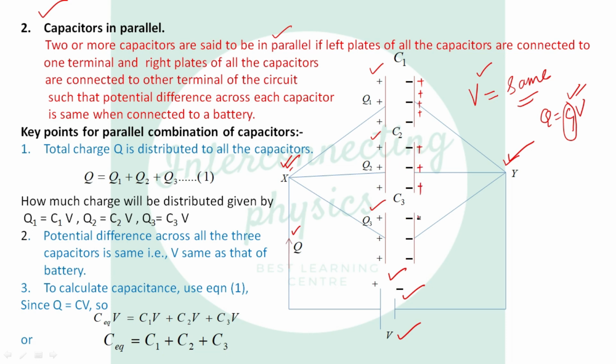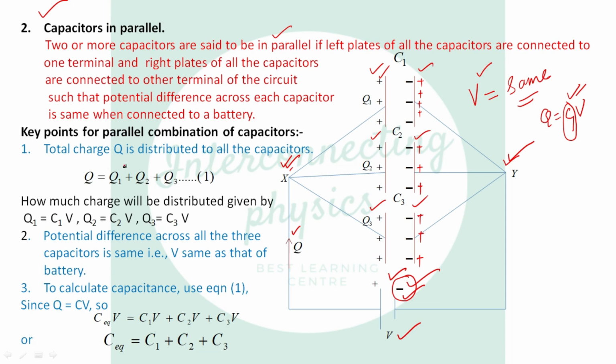Again the same happens for this. And this positive charge will get neutralized by the negative charge of this terminal of the battery, because this point becomes positive, this point becomes positive, this point becomes positive. So the right plates of the capacitors are negatively charged and the left plates of the capacitors are positively charged.